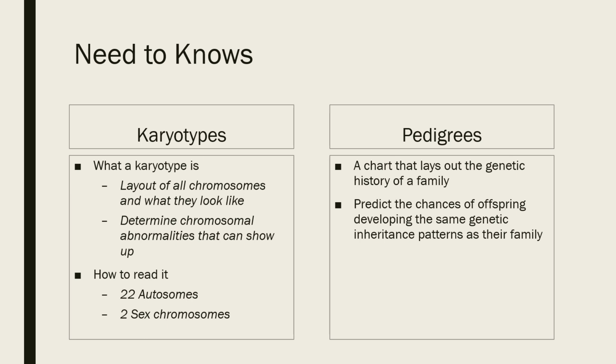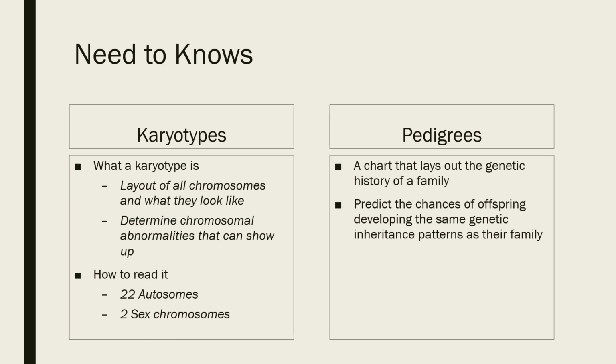It's an actual picture of what they look like. Based on that picture, we can determine different chromosomal abnormalities that can show up. We can see if a person has 3 chromosomes at chromosome 21. And if they do, we know that they have Down syndrome.